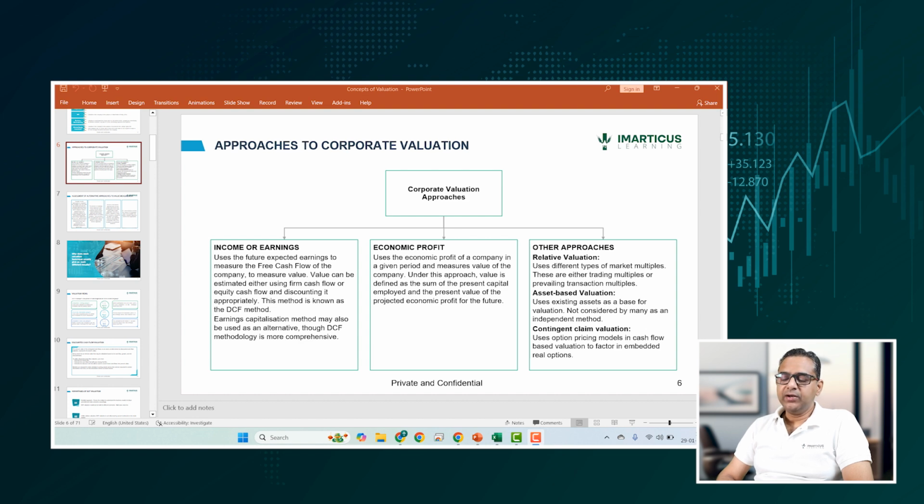We'll see at what price these companies are trading, what is the valuation given by the market to these companies, and what is the average valuation or the median valuation multiples. If our target company gets those multiples, then what should be the value of our company? So that is relative valuation.